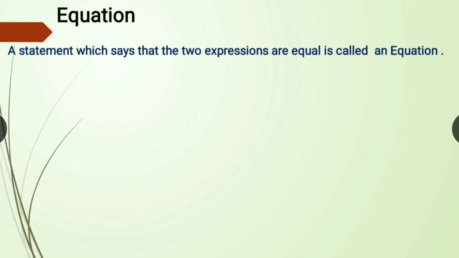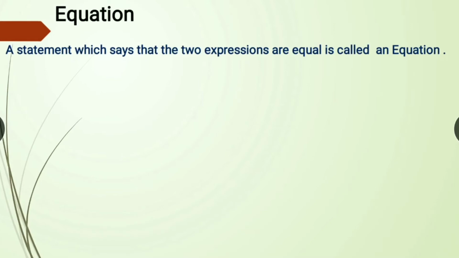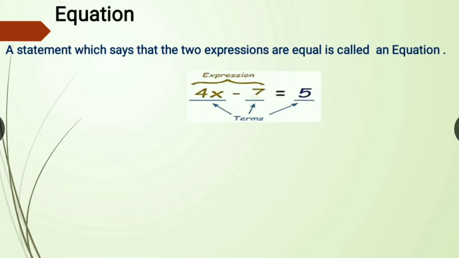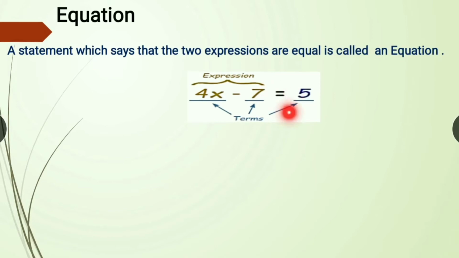Okay. Now, what is an equation? A statement which says that the two expressions are equal is called an equation. You know that an equation must have an equal to sign. Now see, here we have an equation 4x minus 7 is equal to 5.